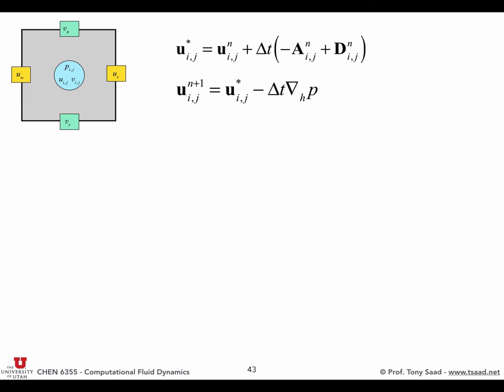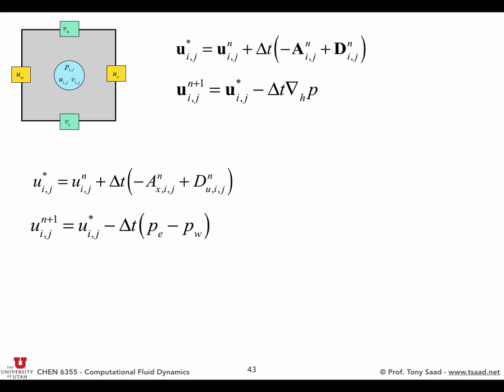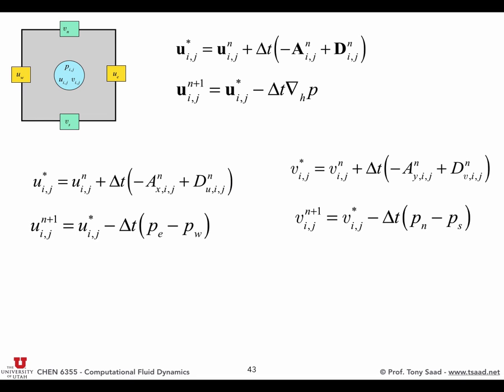Now I'm going to apply this to u star and to v star separately. Notice now for u n plus 1 we have a p east and p west, and for v n plus 1 we have p north and p south, right? We're doing the pressure gradient. The north and east values live at the centers of the edges.